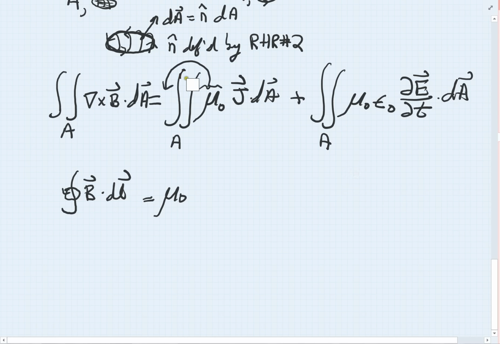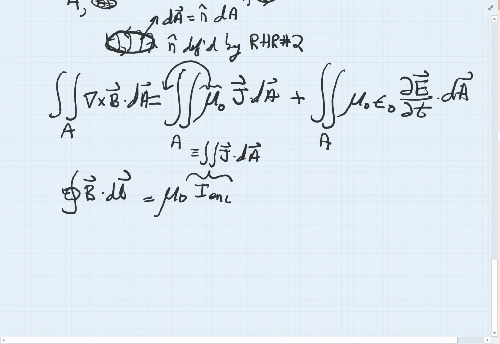Whenever we integrate over an entire area of the current density dot dA, that just tells us the total current flowing through that area. So this then becomes the enclosed current, and just like we had enclosed charge, this represents how much current is flowing through that particular area. If you want the definition, of course, it's going to be the integral of J dot dA through your area.